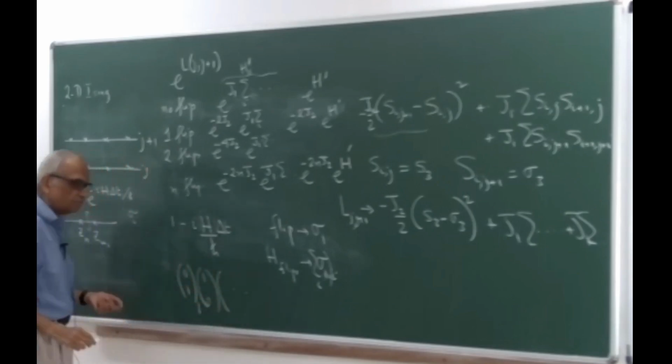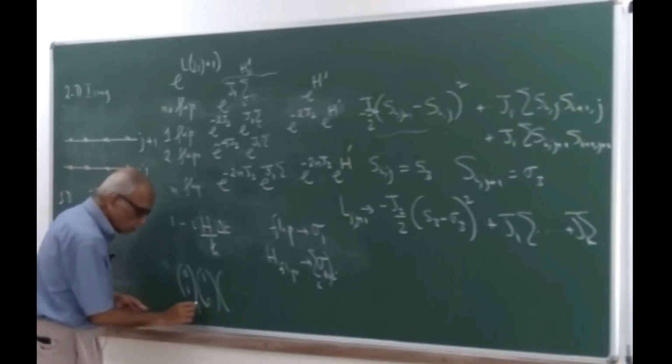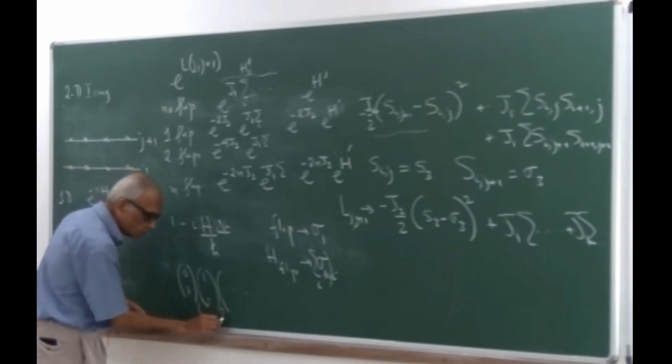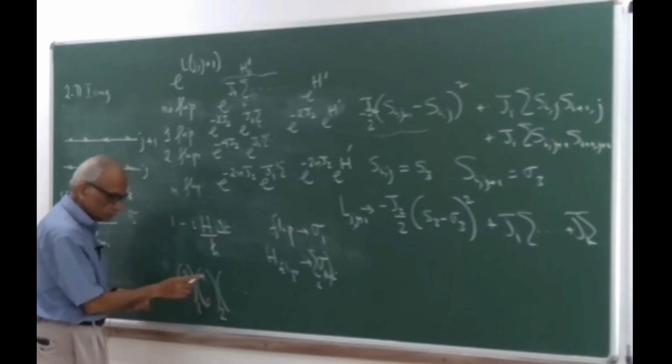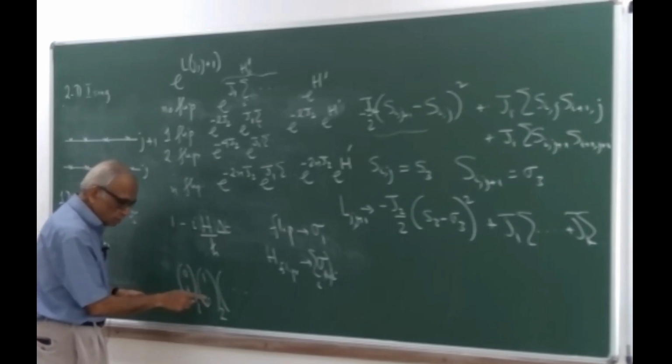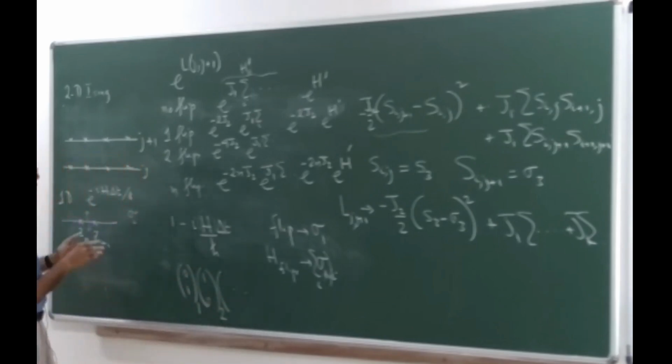So at every site over here, if site 1 is 0, 1, and site 2 is the next one, this is the wave function for this row over here.